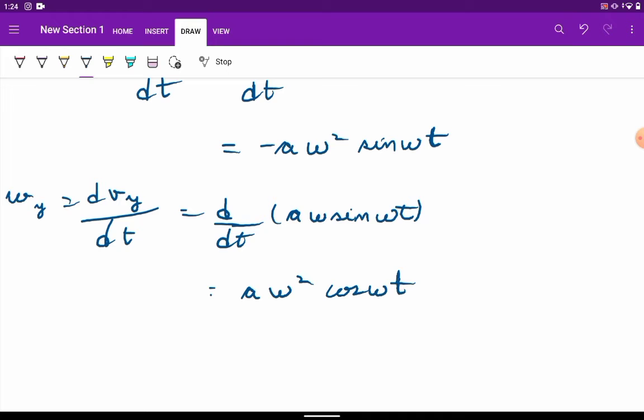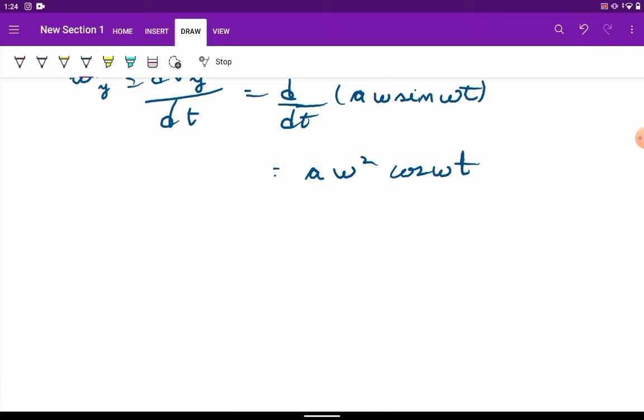Okay. All right. Now we want to find out the angle between the v vector and this w vector.